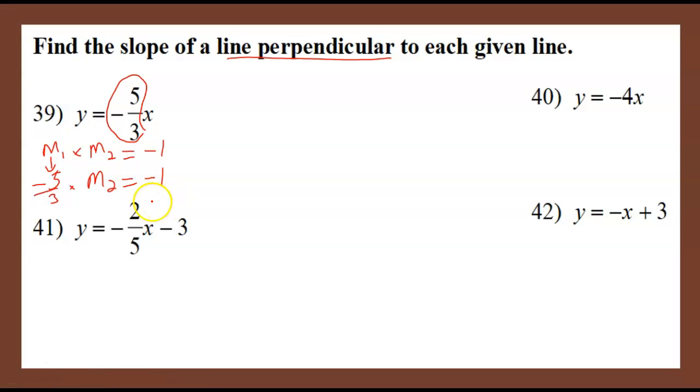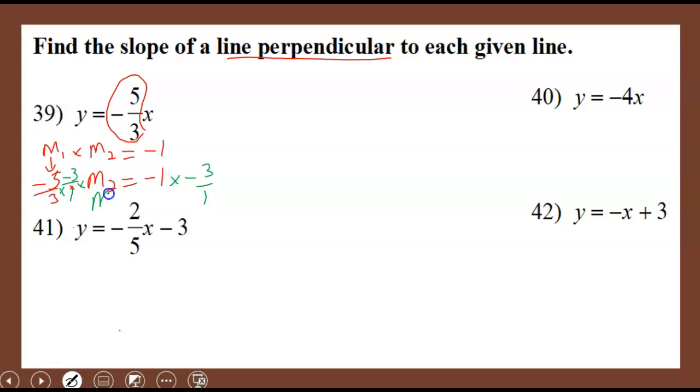Now we are going to solve for m2 by multiplying by the reciprocal, which is negative 3 over 5.